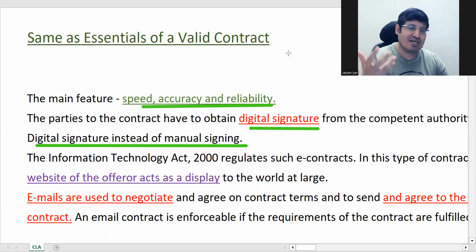You'll be paying either through Paytm, Google Pay, or your bank account. That becomes an e-contract. In that case, you do not have a digital signature, but you are accepting that contract and paying that amount. While paying, you log in. When you log in for paying, that is deemed to be your digital signature.